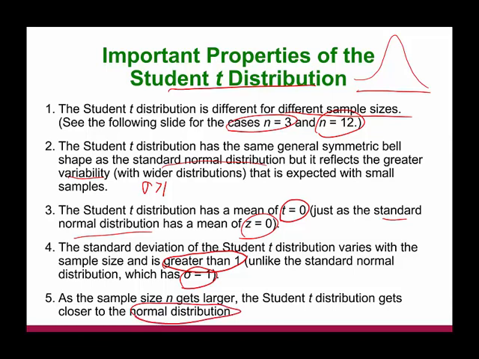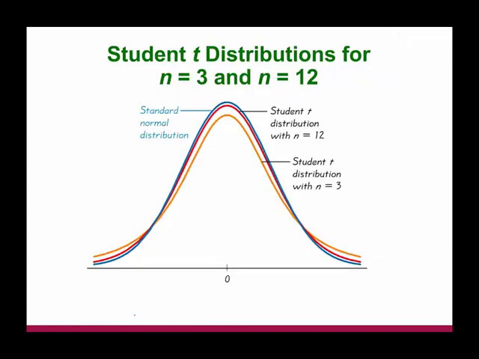As you can see, the blue bell curve represents the standard normal distribution, and the student t-distribution with sample size 12 is closer to the bell curve, while sample size 3 is farther from it.